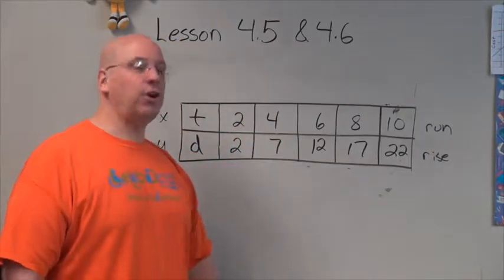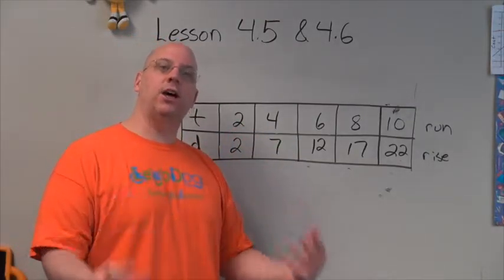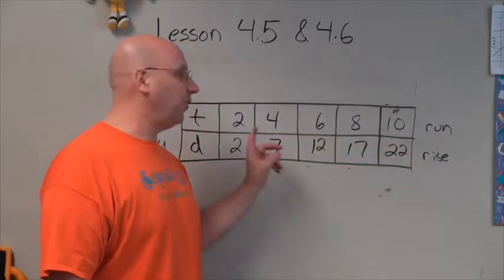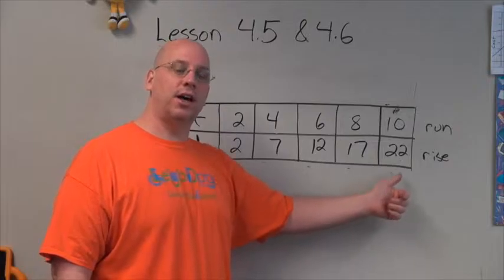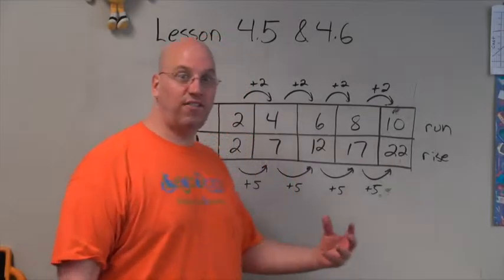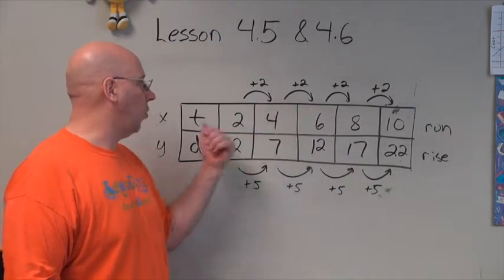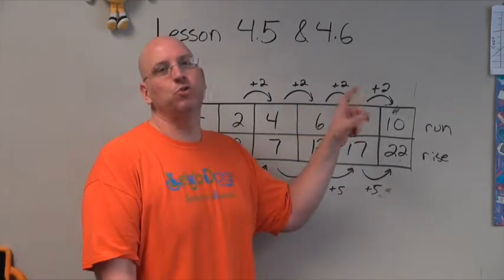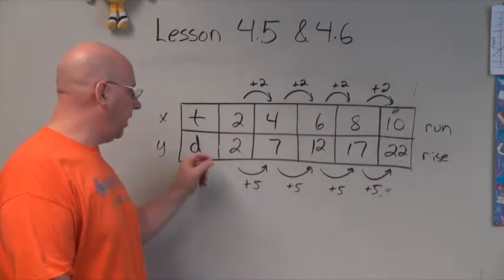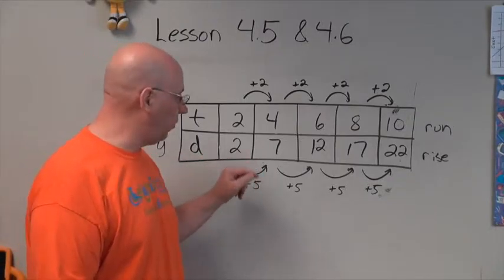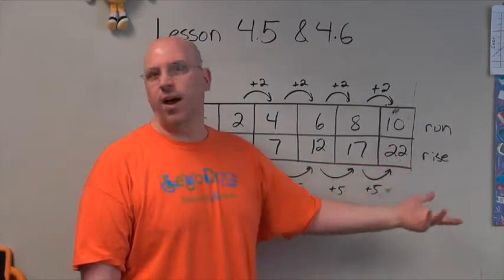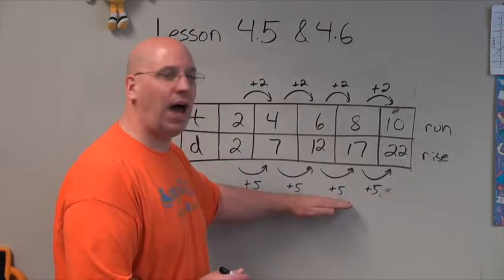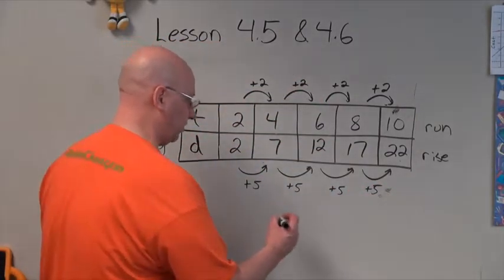So what I need to do first is find out, well, what is my rate of change, or my slope? Again, the rise over run, I have to figure out what it goes up by here. So I found out that the x's, or I should say the t's, are going up by 2. Plus 2, plus 2, plus 2, plus 2, plus 2, plus 2, plus 2. And then the y's, or the d's, are going up by 5. Plus 5, plus 5, plus 5. So that means that my slope is the change in the y values over the change in the x values.